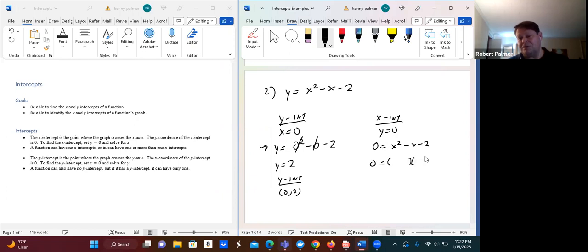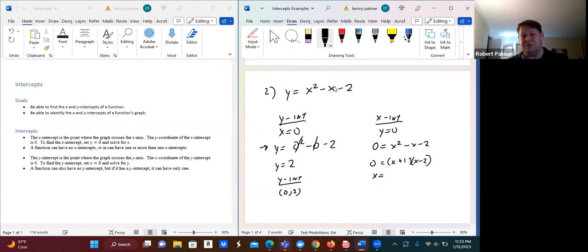So this side over here can actually be written, and we're not going to go into detail on how to do this now, but you may see this in other videos. This is the same as x plus 1 times x minus 2, if you factor it. If you want to check that, multiply it out, FOIL it or distribute, and you get that. And then the rule here is that you set each one of these factors equal to 0.